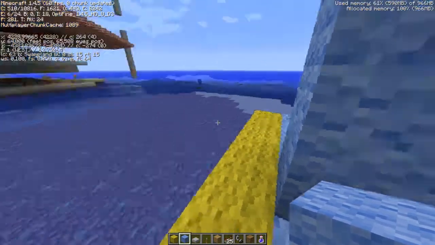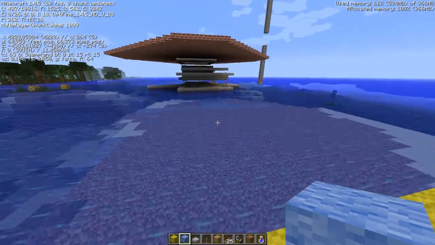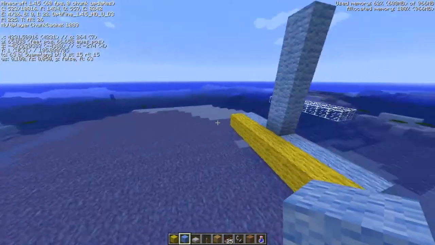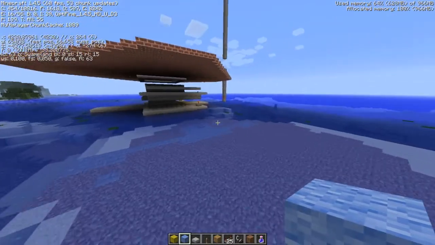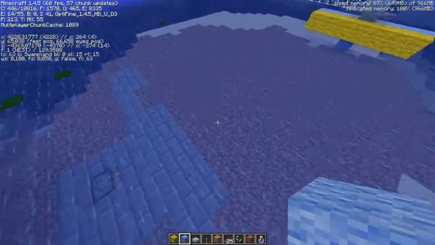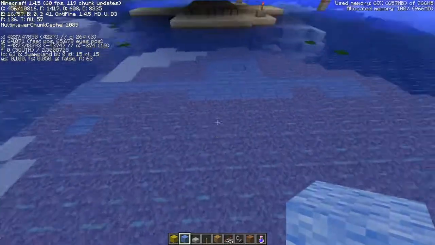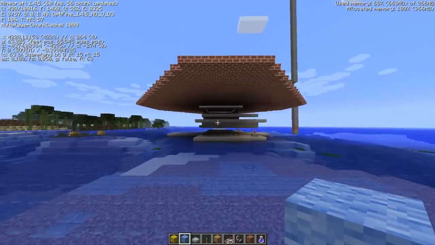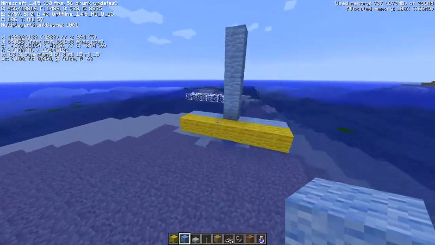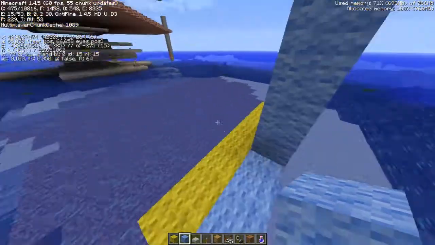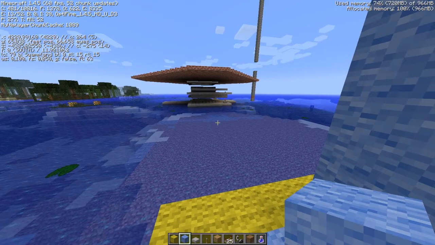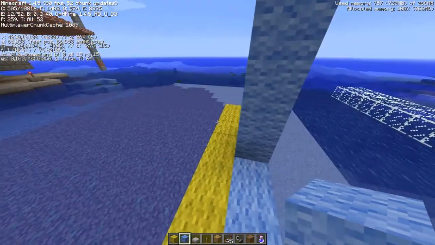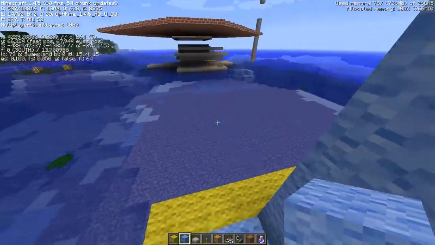So I hope this helps you finding your chunk border. Over here actually we went way out, it's way too far. The initial block that I chose was a bit too far away. But if you do it the way I explained it and you end up way out here, you can easily tell.